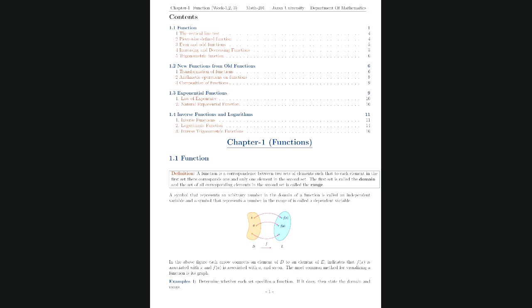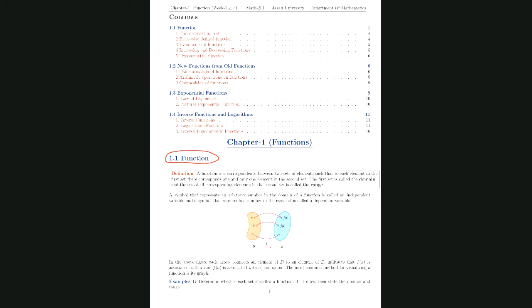Okay, so look over here. Function. Yesterday I explained how to define a function.